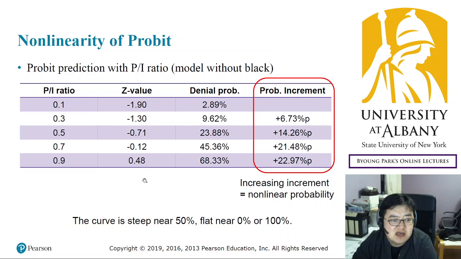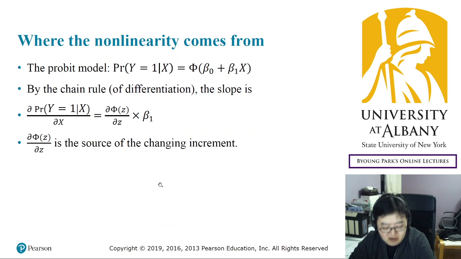This nonlinearity is a unique feature of the probit model, the difference from the linear probability model. Then we may characterize the nonlinearity using mathematics. Simple. Remember, the probit model explains the conditional probability of y given x. So given your PI ratio and other variables, what is your probability of being denied?